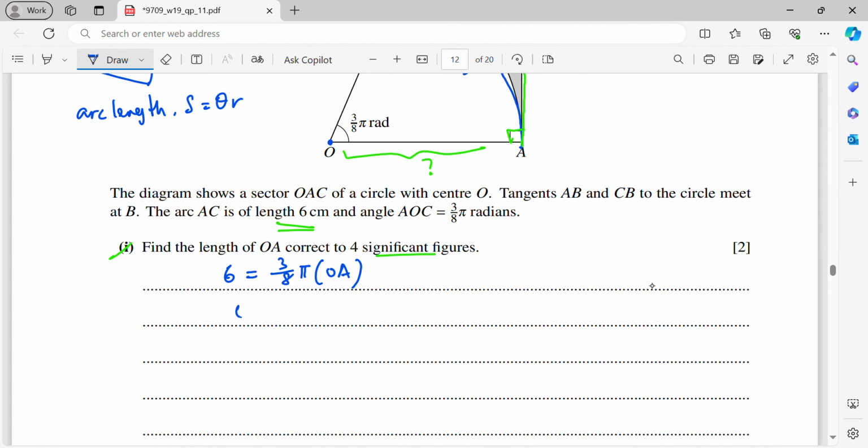Then from here, your OA is 6 times 8 over 3 pi. Now just calculate directly, correct to 4 significant figures. You simplify to 16 over pi, which is going to be 5.093. So that's the OA.